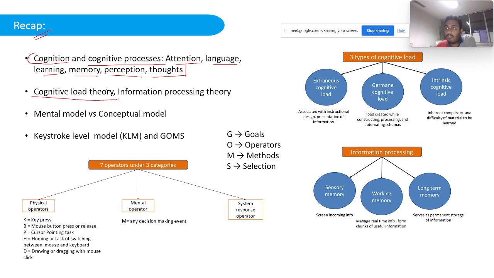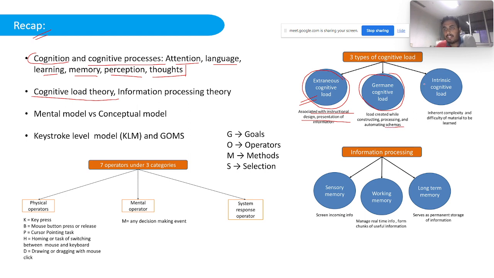One was cognitive load theory, which discussed three types of cognitive load. Extraneous cognitive load is basically associated with instructional design. If the design of the instructions is not very clear, then this kind of cognitive load happens. Then there is germane cognitive load, which is generic in nature, and generally happens when people try to construct themes, process information, and form information in the form of schemas.